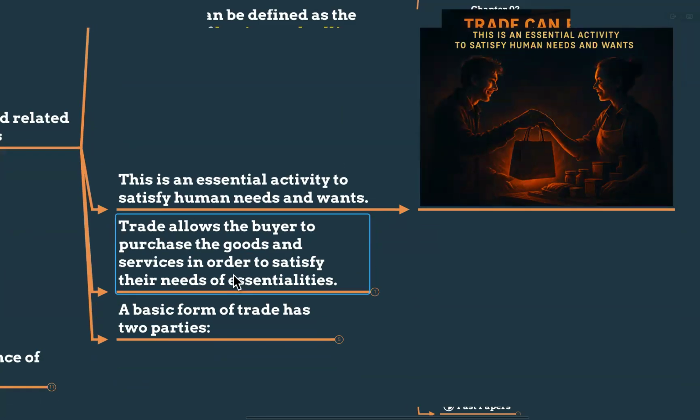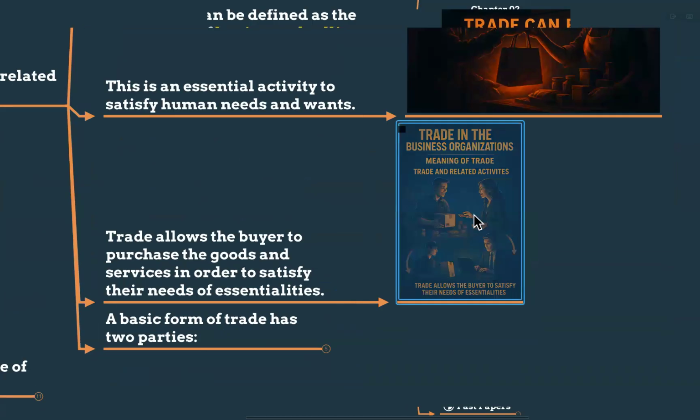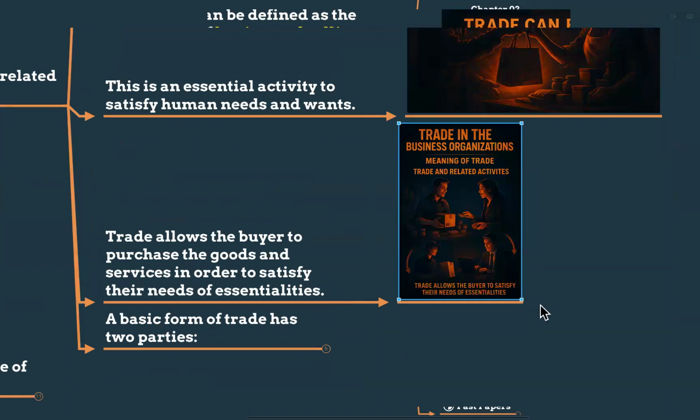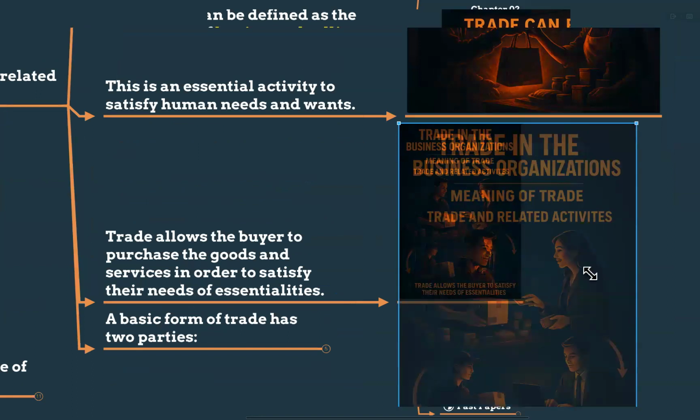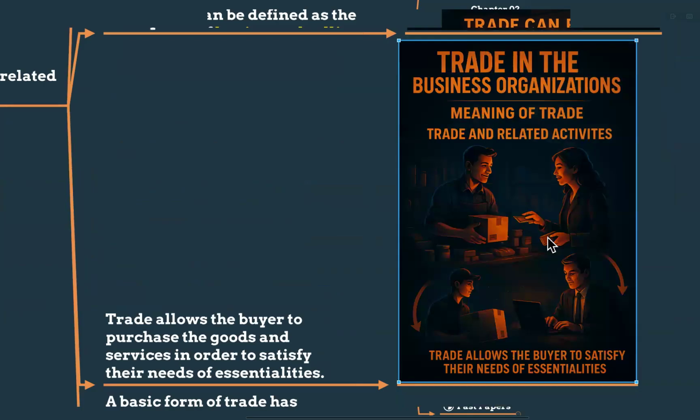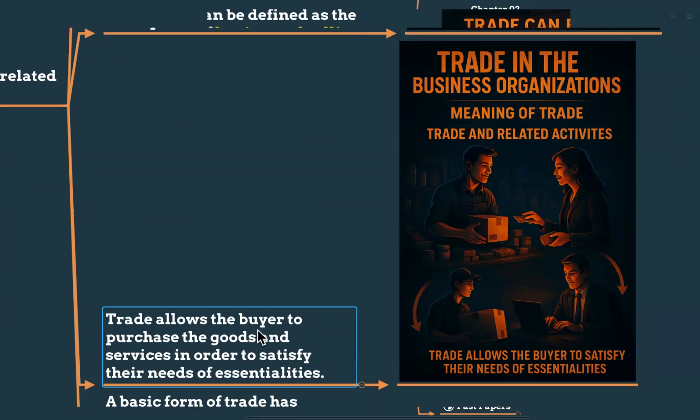The trade allows the buyer to purchase the goods and services in order to satisfy their needs of essentialities, right? Here you can fulfill your needs and wants through goods and services. That's simply business. But in that business, there is a small portion that is buying and selling goods.